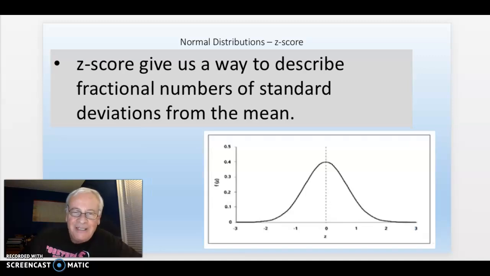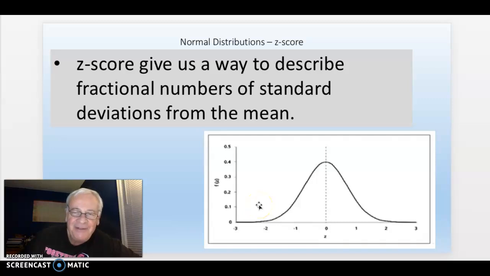The z-score gives us a way to describe fractional numbers of standard deviations away from the mean. How far away from the mean? Not just one exactly. What if it's only a half a standard deviation away? Or 3/4? Or 1.5? Or 2.5?